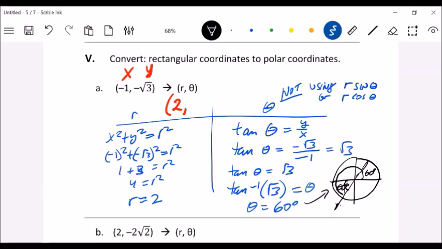So we have to do this entire amount, from the initial side all the way around to it. That's the one we want, which is 240 degrees. So the 60 becomes 240 by adding 180 to it. And so we have 2 and 240 degrees.